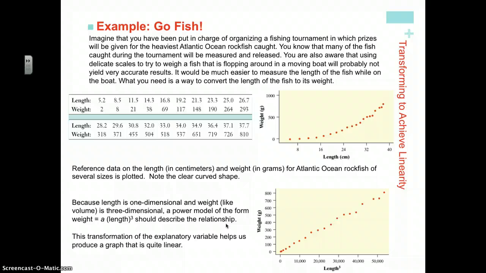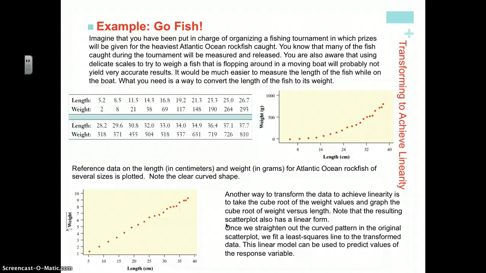So this transformation of the explanatory variable, taking the length and raising it to the third power, would help us produce a graph that is linear. So that transformation would work.